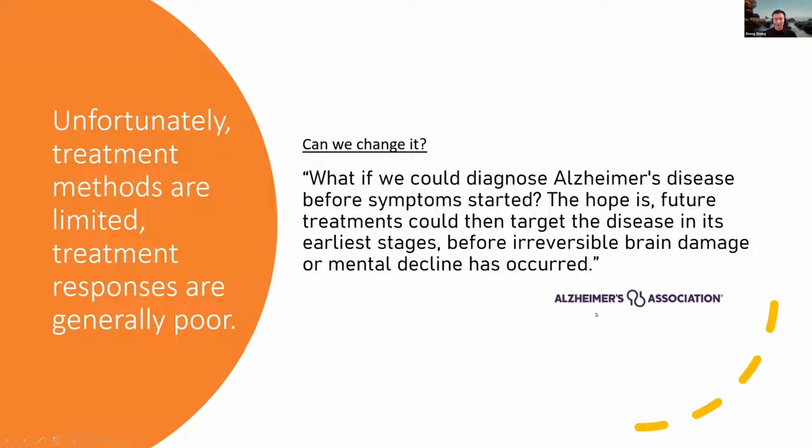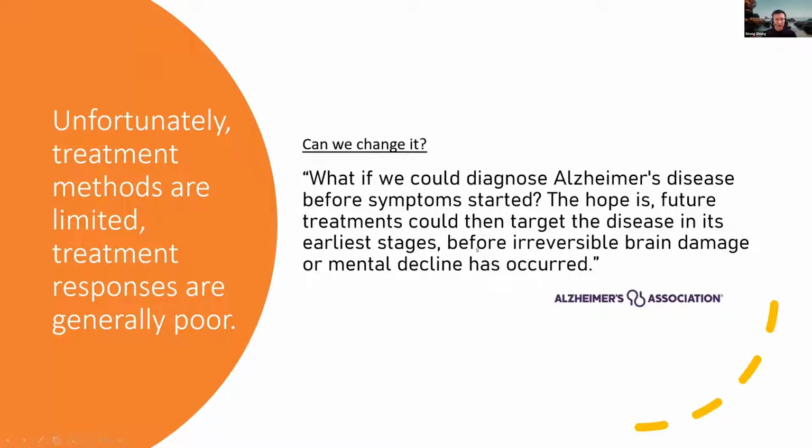I would like to cite from the Alzheimer's Association, of is there any potential way to consider how to potentially make a change? I would like to quote, "What if we could diagnose Alzheimer's disease before symptoms started?